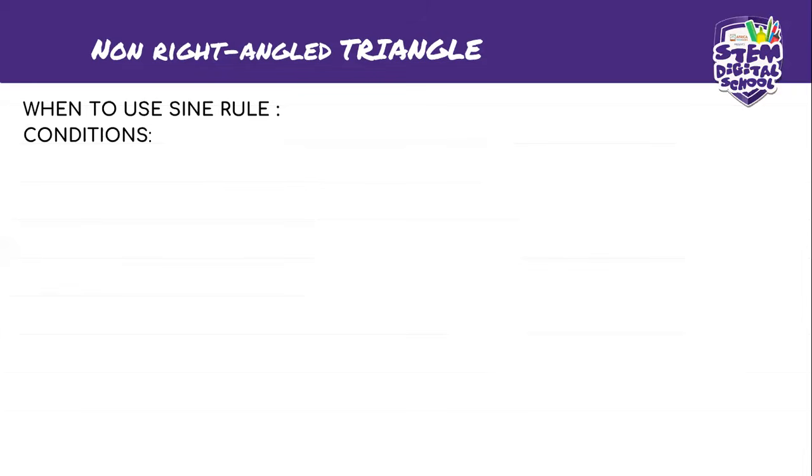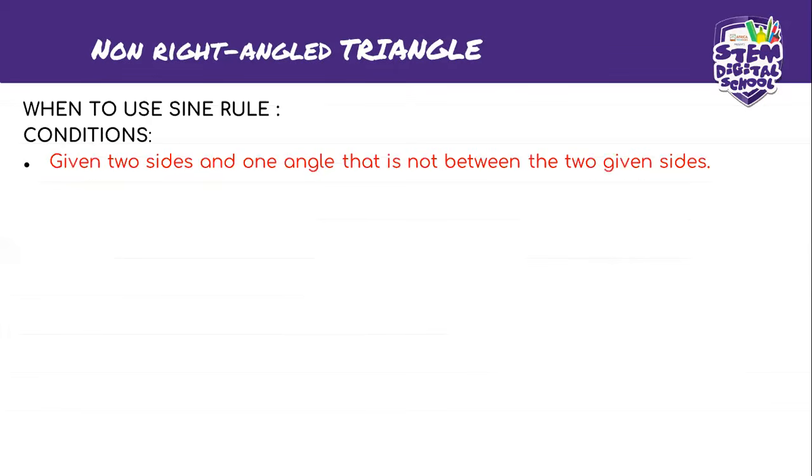One of the conditions for us to be able to use the sine rule is: given two sides and one angle that is not between the two given sides.